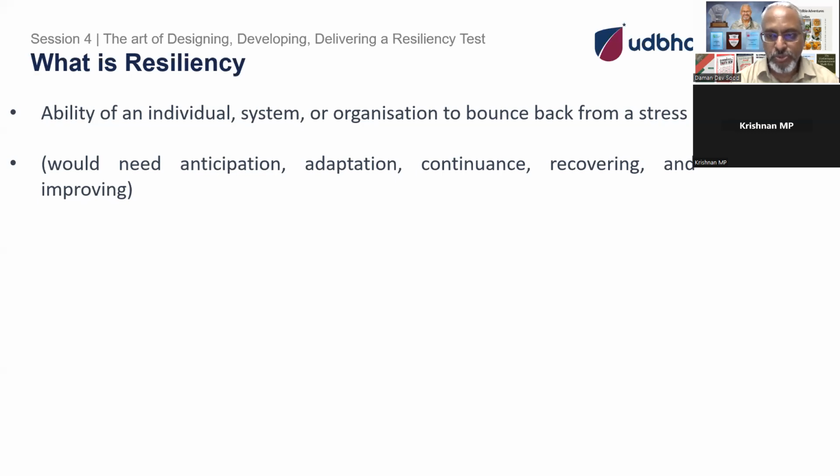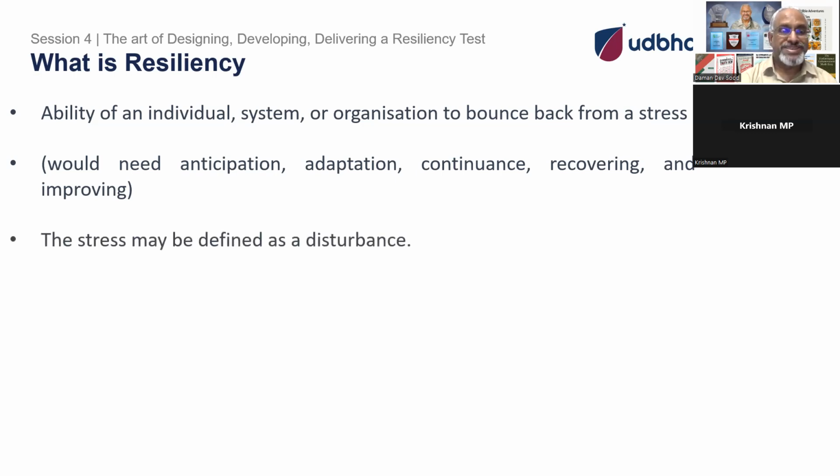This continual improvement is required in resiliency also. The stress may be defined as a disturbance, an interruption. We use different terms also: disaster, crisis, etc. Today, I'm not going deep into that.